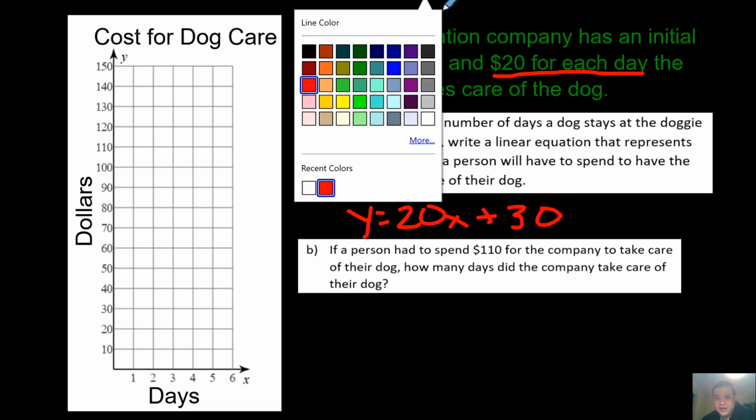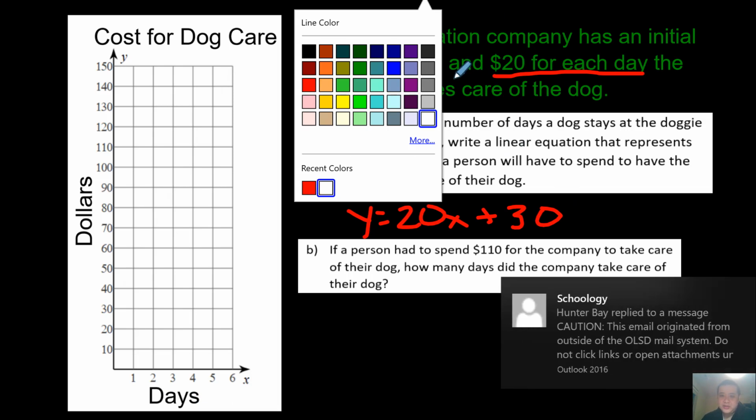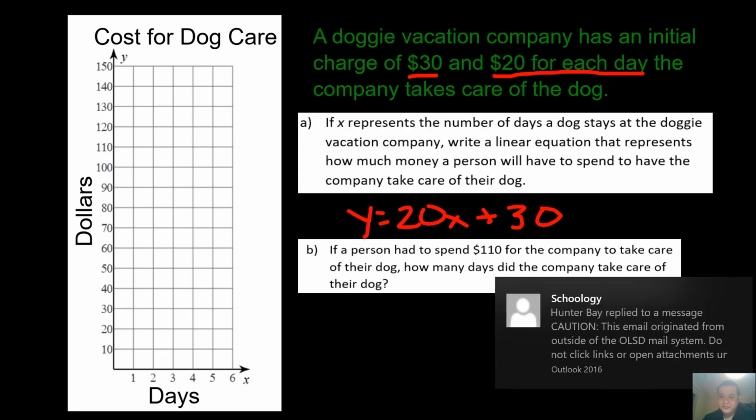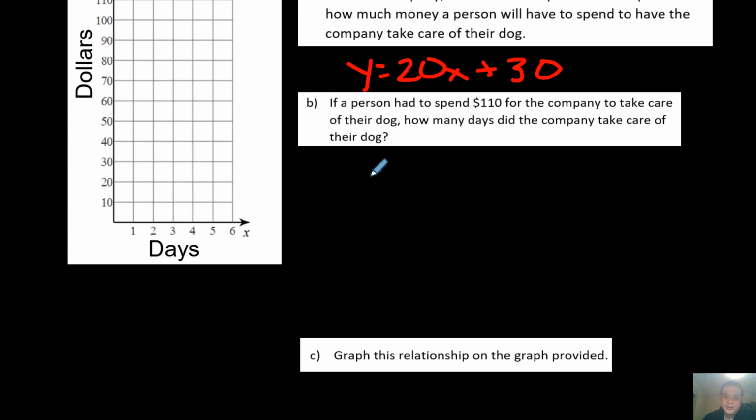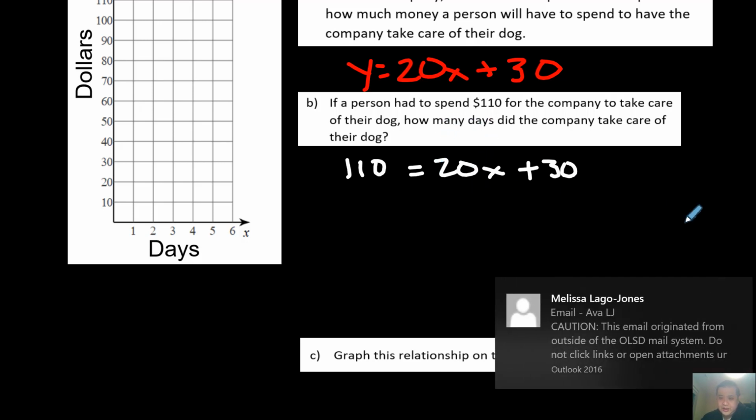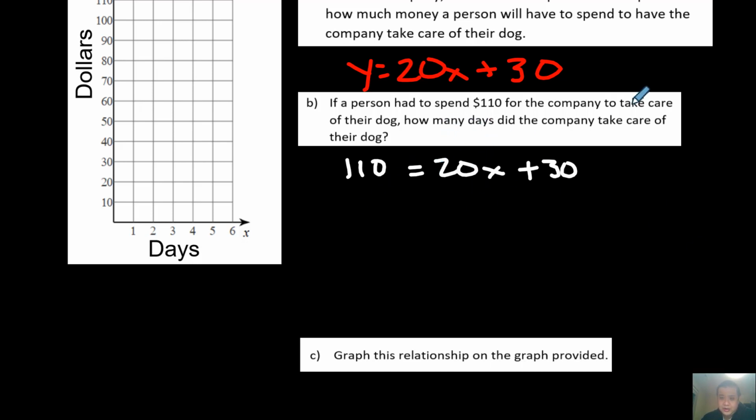The next question asks, if a person had to spend $110 for the company to take care of the dog, how many days did the company take care of the dog? Well, that means that the total cost, which is y, is 110. So we set the equation. Since x represents how many days the dog stayed there, we can now subtract both sides by 30.